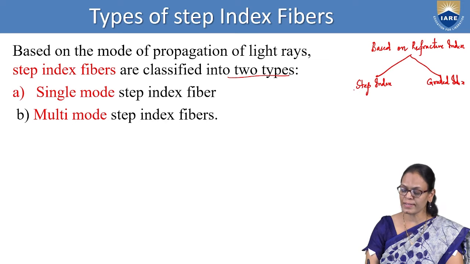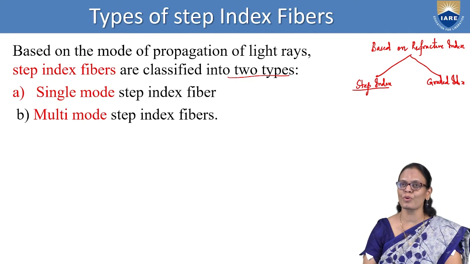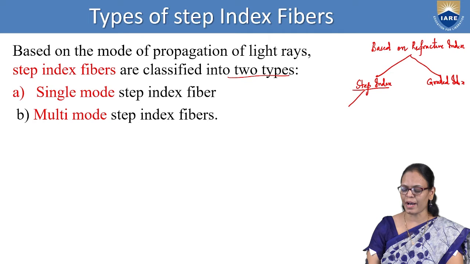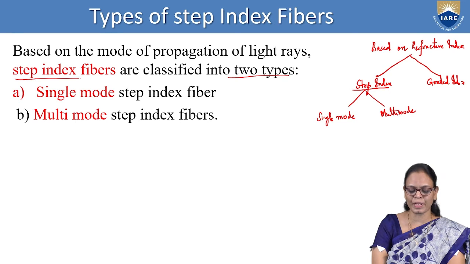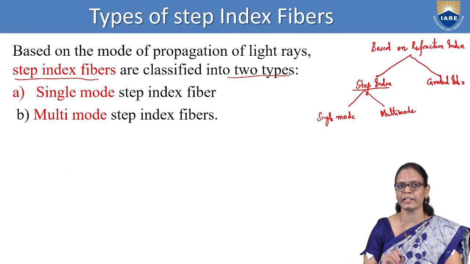Now, in step index, based on the mode of propagation, we have single mode and multimode. We are now going to discuss step index fiber first, then we will see graded index.